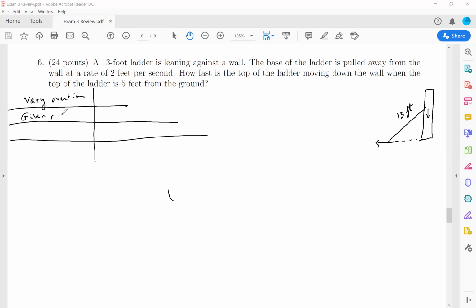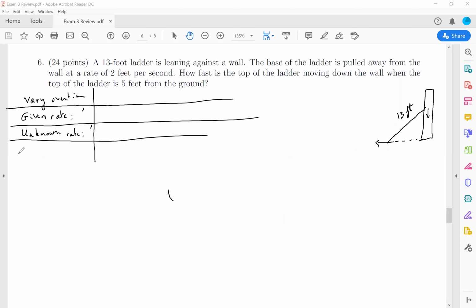Remember, rate means derivative, so it's a prime. And then we are looking for a rate, so there's an unknown rate again. Rate means prime, derivative. And so we're just going to try to fill that up with what we're given.